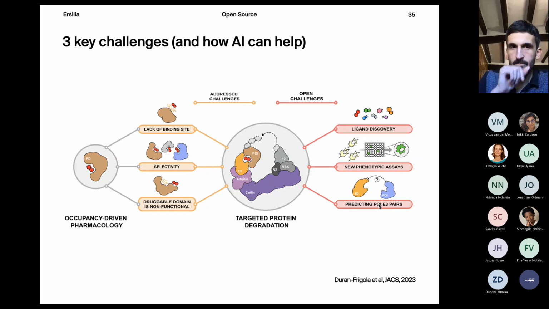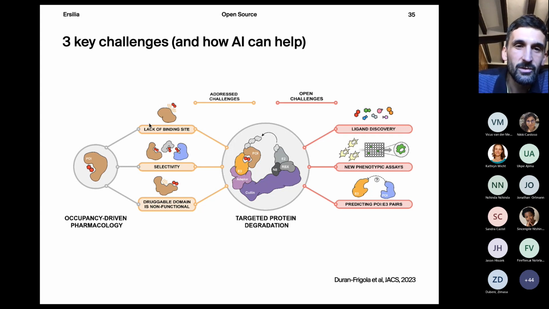So the question is, okay, we have a new paradigm. How can AI help? We recently published a perspective in JACS, reflecting on how AI can contribute to targeted protein degradation. Targeted protein degradation addresses some of the old challenges of occupancy-driven pharmacology.